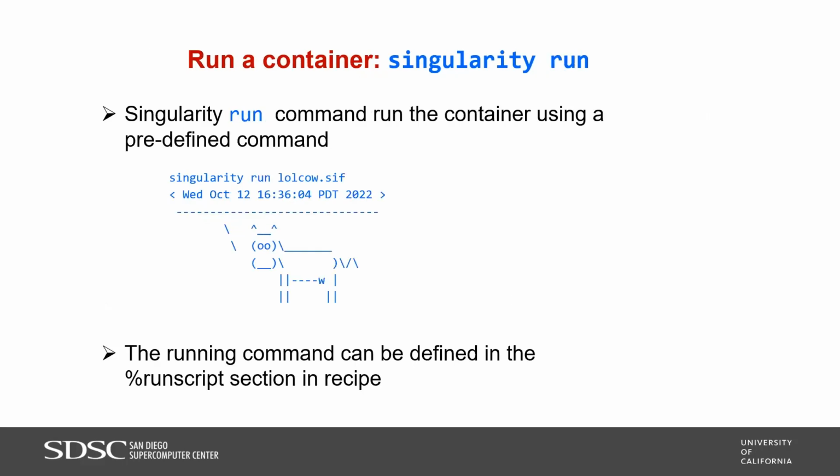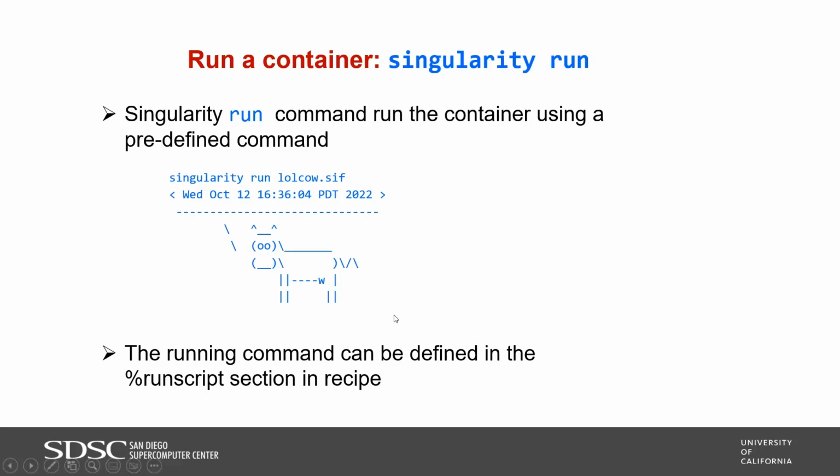Okay, the next way to run a Singularity container is to use Singularity run. This command can run the container using a predefined command. So here is an example. I run singularity run cal.cif.